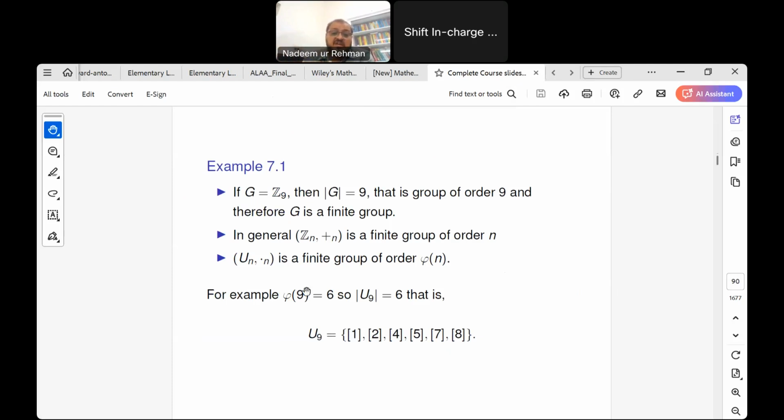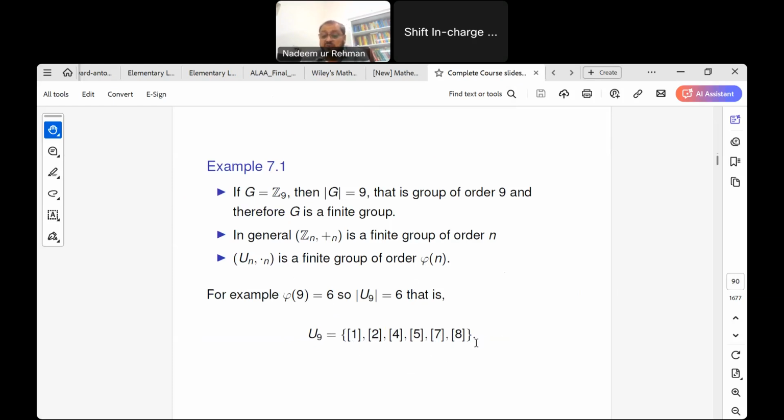So phi of 9 is the order of U9, which means the elements relatively prime to 9: 1, 2, 4, 5, 7, 8. These 6 elements are relatively prime to 9, so phi of 9 is equal to 6.